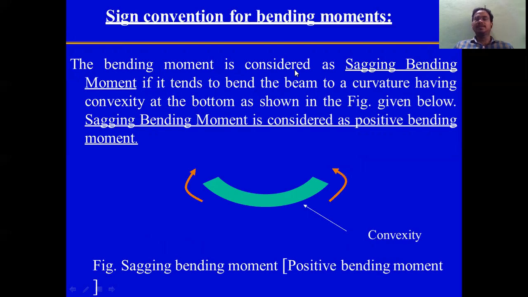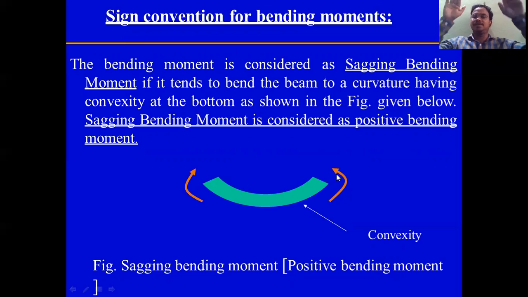The bending moment is considered as sagging bending moment if it tends to bend the beam to a curvature having convexity at the bottom, as shown in the figure. Sagging bending moment is positive bending moment. Loads are applied, bending is taking place like this. If you find a bending like this, it is sagging. We call it a sagging bending moment.